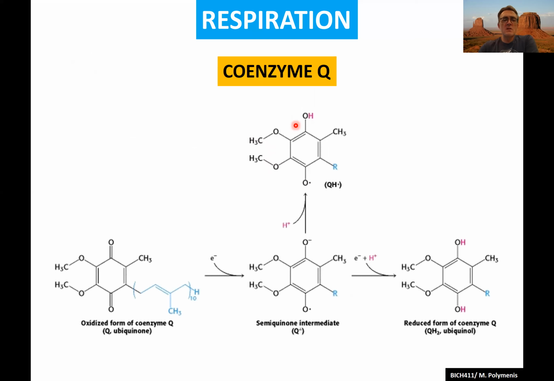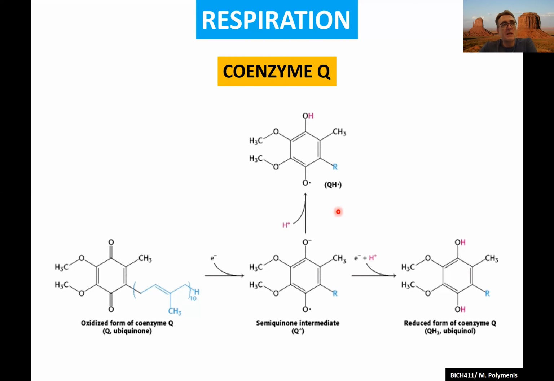All right, this is coenzyme Q, ubiquinone. Again, you can buy this in nutrient supplement areas of grocery stores. It's a very important component in the whole respiration and electron transport chain. It can move 1 or 2 electrons.